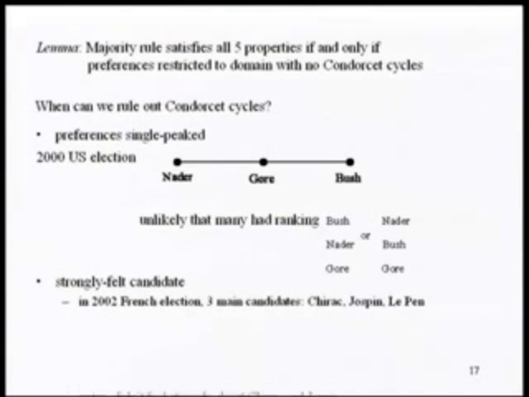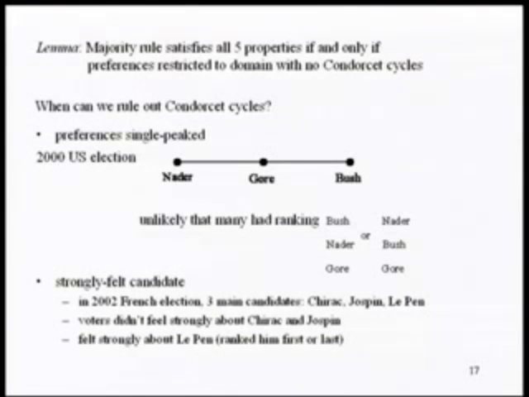People didn't necessarily have very heated feelings about Chirac and Jospin. They were quite mainstream, but everyone had a strong opinion about Le Pen. You either hated him, a lot of people hated him, or you loved him. You put him first or last, in other words.